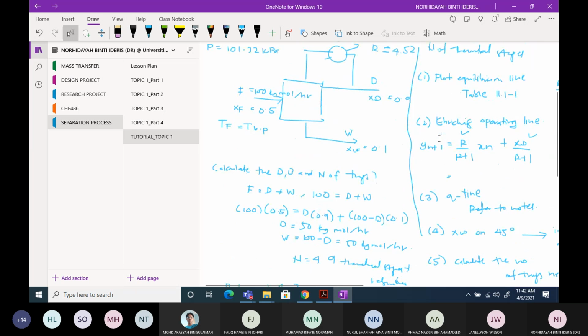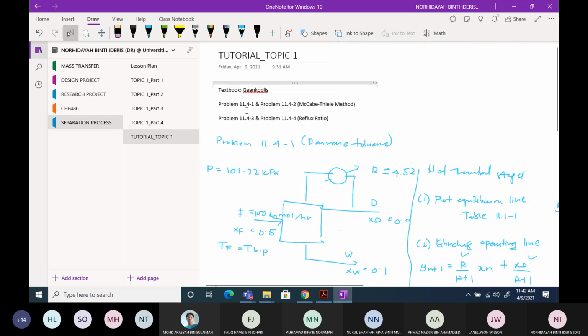After you solve 11.4-1 and 11.4-2, 11.4-3 is actually correlated with 11.4-1, just a continuity from that question. You will consume less time to solve this one because you already plotted the graph, so you can straight away solve this problem using the same graph.